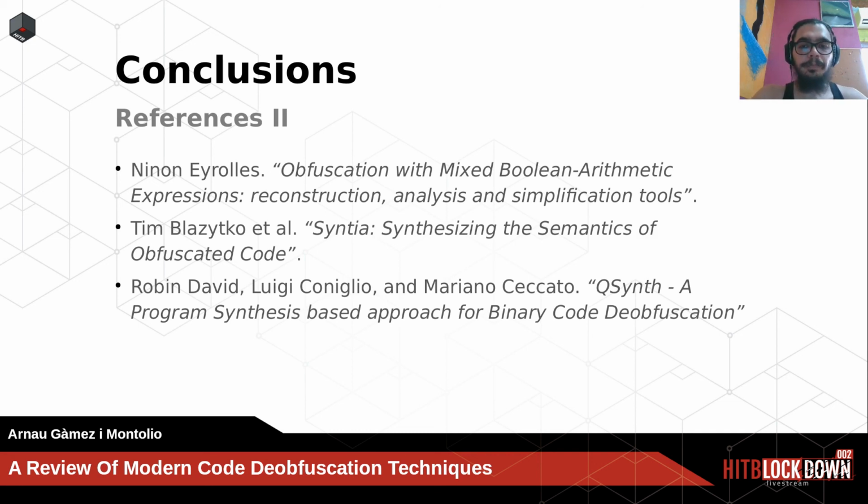And the other paper of QSynth that you have here is also really interesting, where they present all their work on the offline enumerative program synthesis approach for code deobfuscation, and they introduced that idea of synthesizing sub-expressions and reconstructing the original deobfuscated expression afterwards.